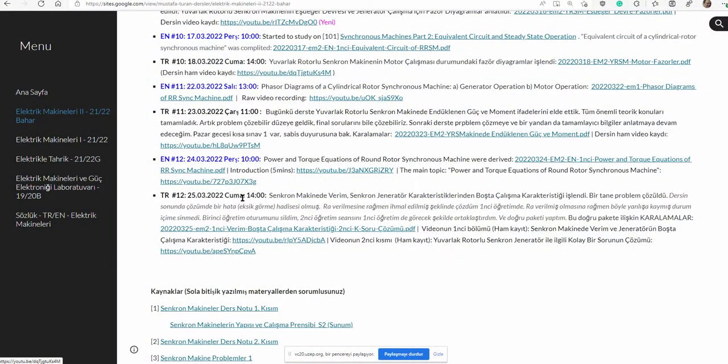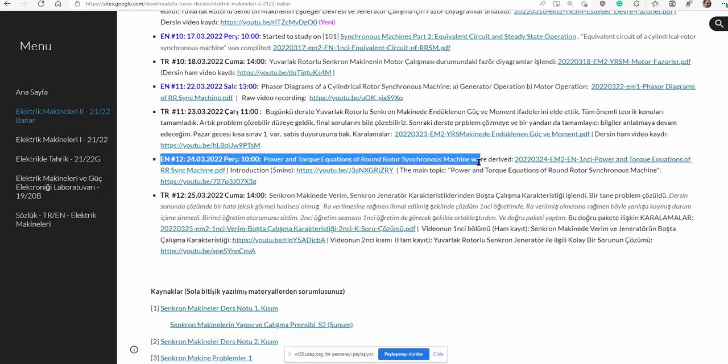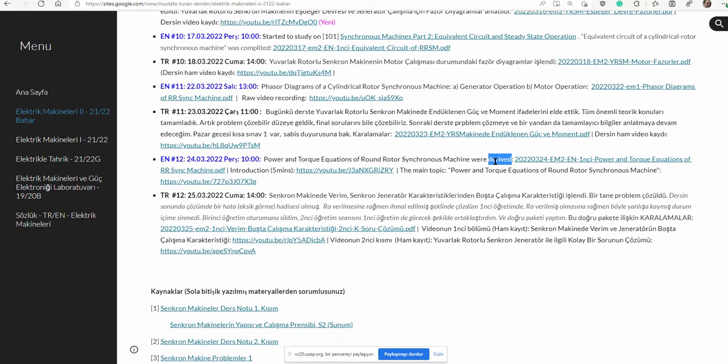And let's check out what we have done in the previous course. In the previous course, we have studied power and torque equations of round rotor synchronous machine. We have derived some equations defining torque and power.